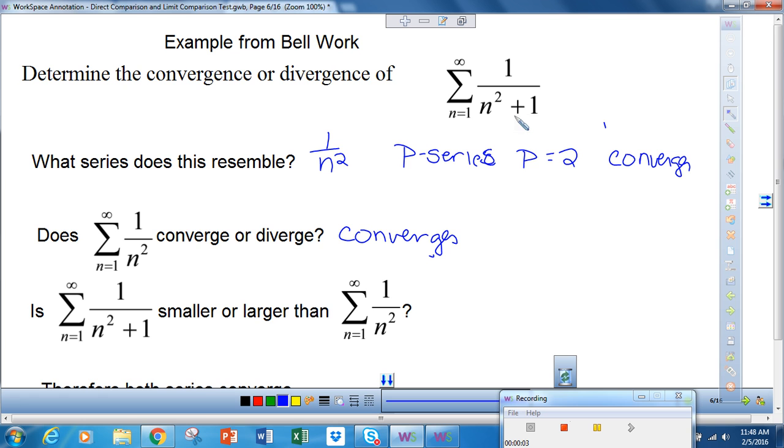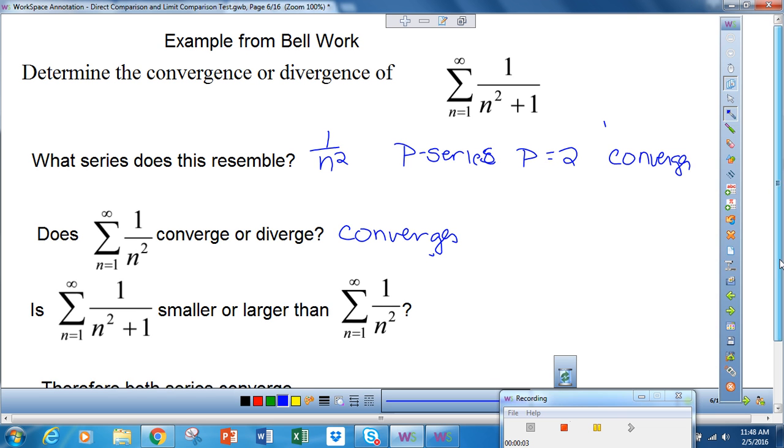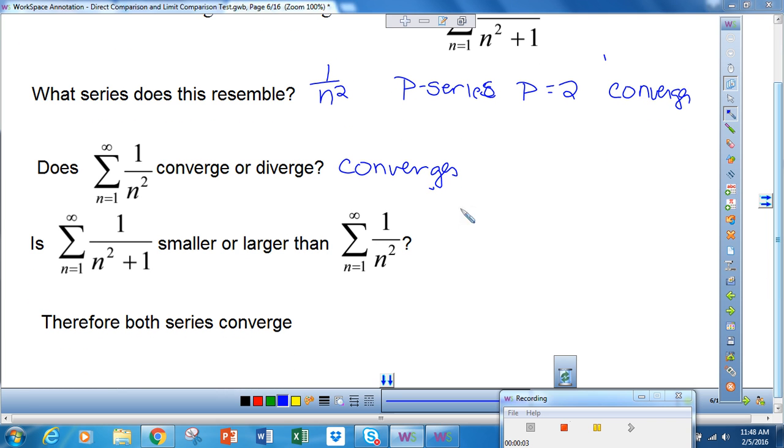In order for me to prove that 1 over n squared plus 1 converges, I have to prove that it is smaller than 1 over n squared. You may be able to tell that just by looking at it, but if not, you can also say I need 1 over n squared plus 1 to be less than 1 over n squared.